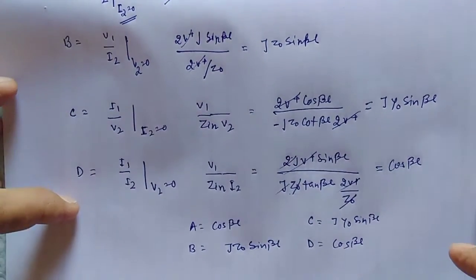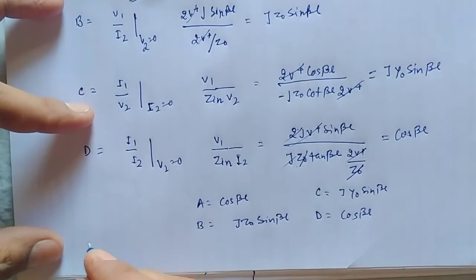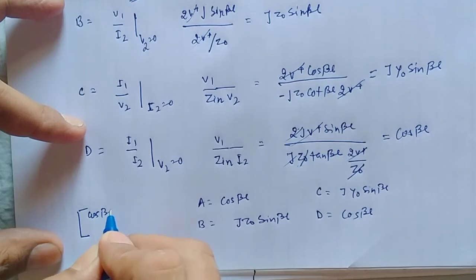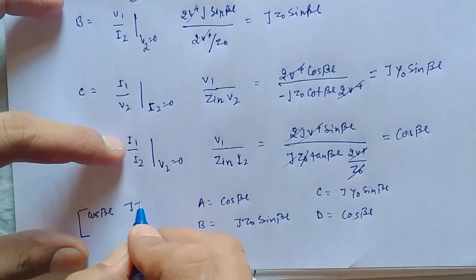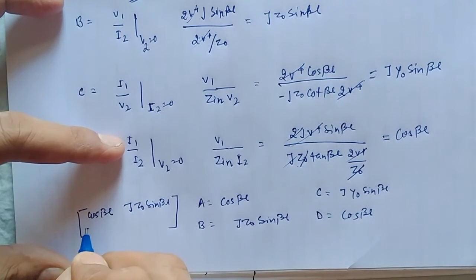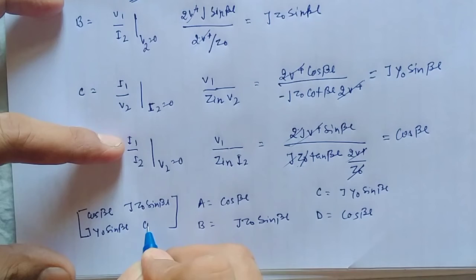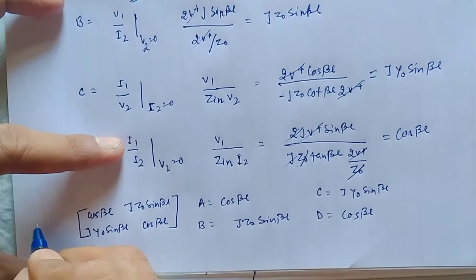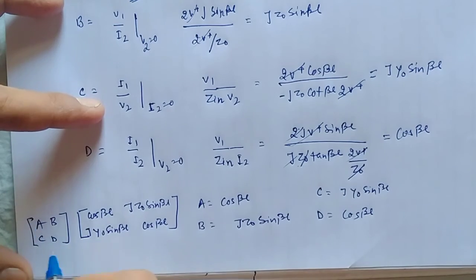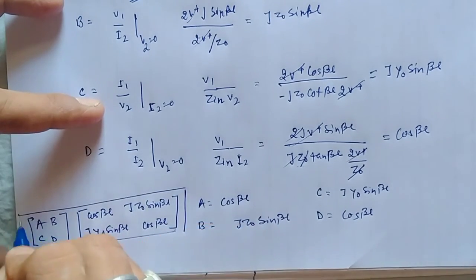So from here I can write the ABCD matrix. What I have derived is cos βL, jZ0 sin βL, then jY0 sin βL and cos βL. This is nothing but the ABCD matrix for a lossless transmission line.